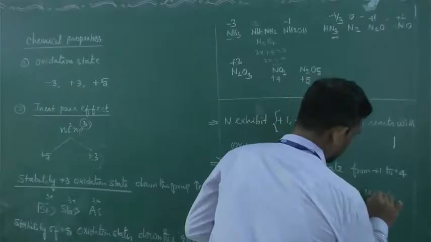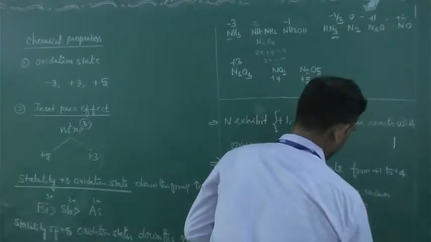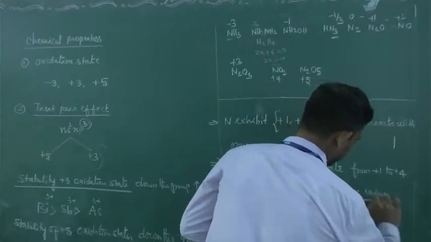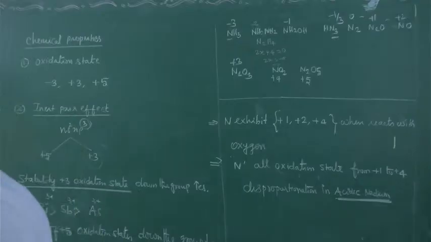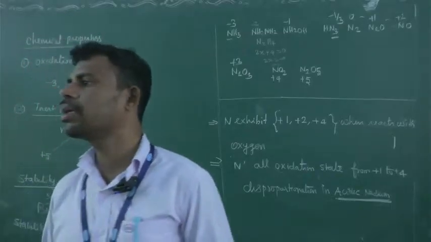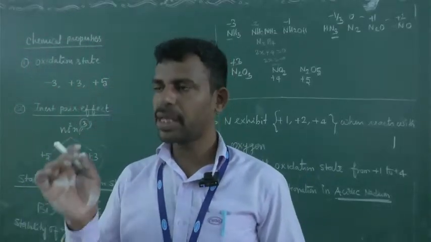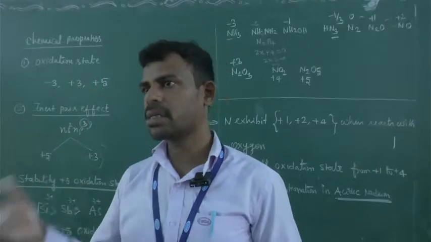Very important point. Is it clear? The oxidation state can be +1, +2, +3 or +4, and all of these will disproportionate in acidic medium. What does disproportionate mean? The same species gets both oxidized and reduced.